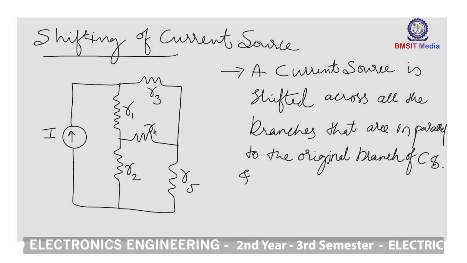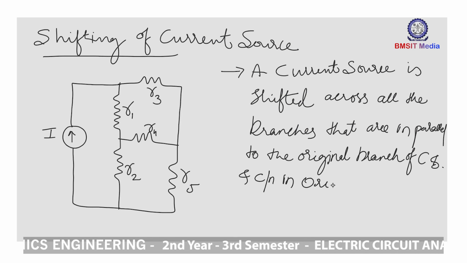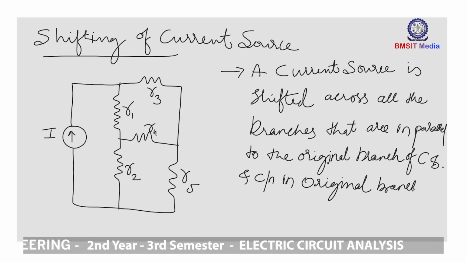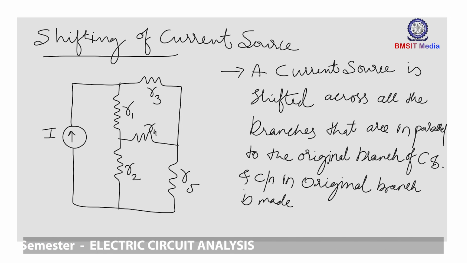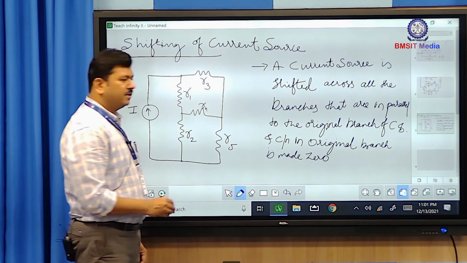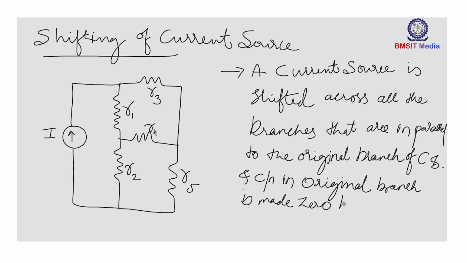The current in the original branch is made zero by replacing the current source with an open circuit. By replacing the current source in the original branch by an open circuit.